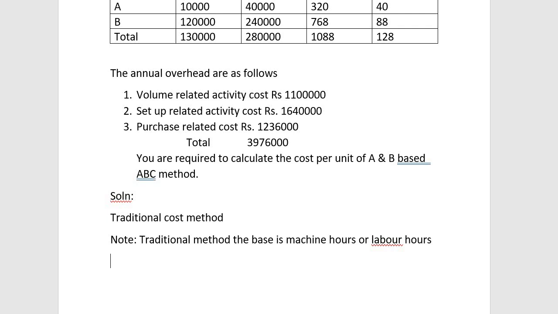First we'll solve the problem. We have to find out machine rate per hour. Machine rate per hour equals total overhead divided by total machine hours.